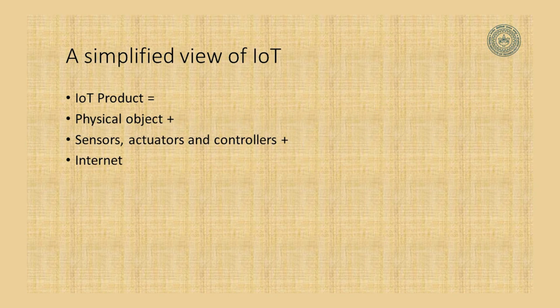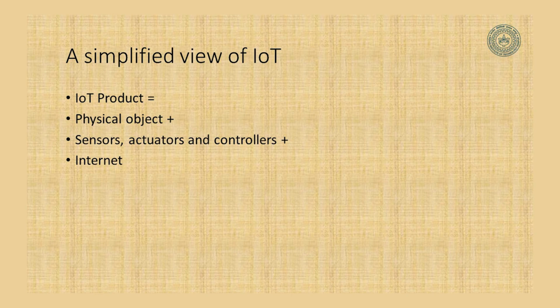So let us start with a simplified view of IoT. An IoT product can be thought of as a combination of a physical object, some sensors, actuators and controllers, and the internet. The physical object could be anything, a fan, a table, desk, chair, any physical object. It could be a breadboard.